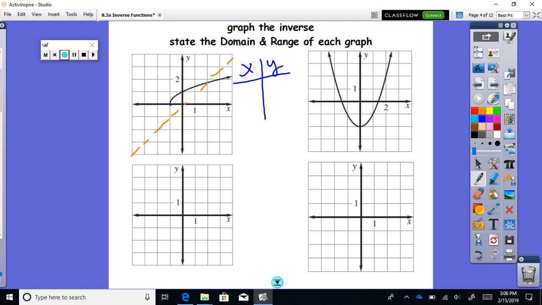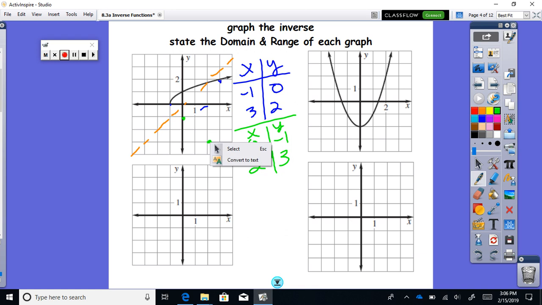So like the point -1, 0. And then maybe this point right here, 3, 2. And then for the inverse, those would switch the x and y. So the inverse would be 0, -1, and 2, 3. So 0, -1 would be right here, and then over to down 3.